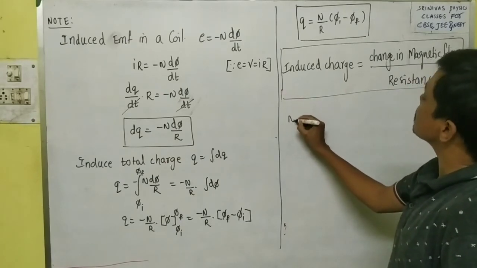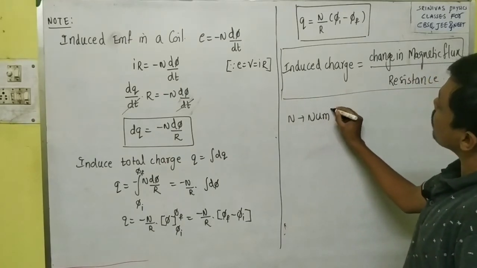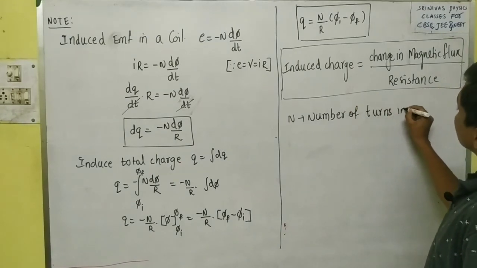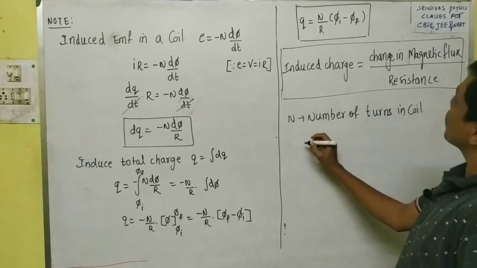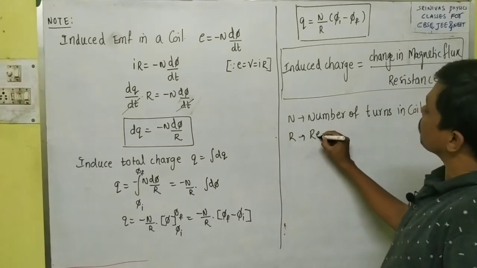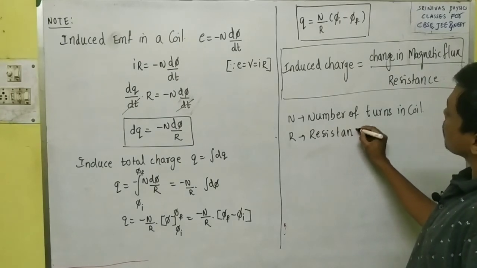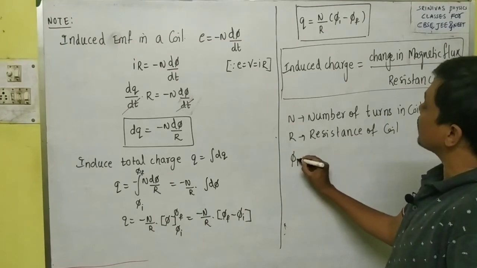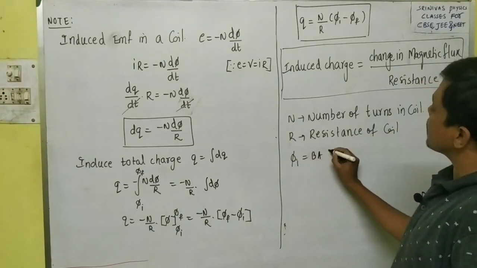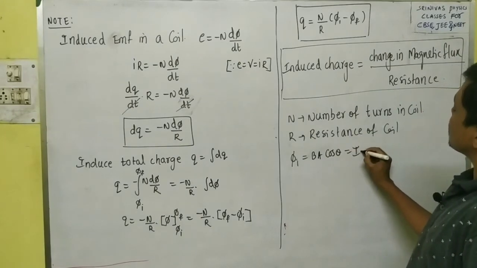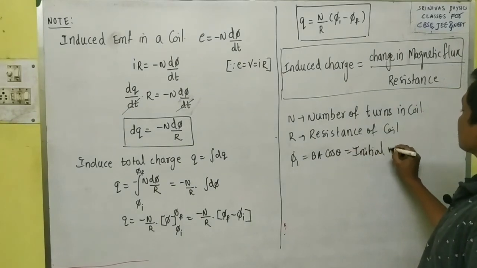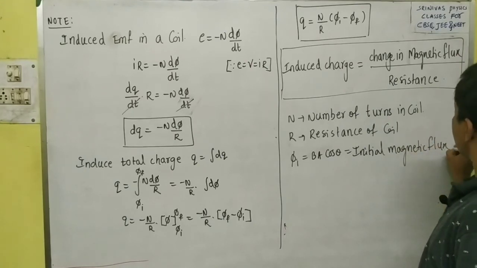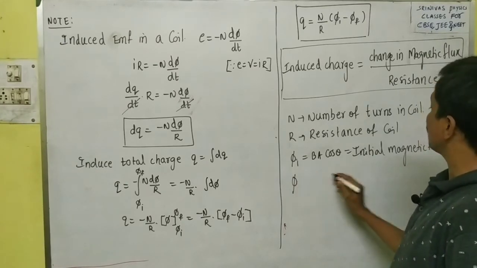Let us go through the terms here. N is the number of turns in the coil. R is the resistance of the coil. Phi I is nothing but BA cos theta, the initial magnetic flux, linked with only one loop.